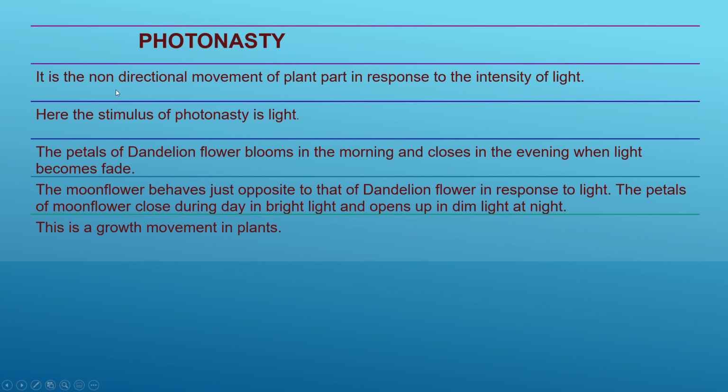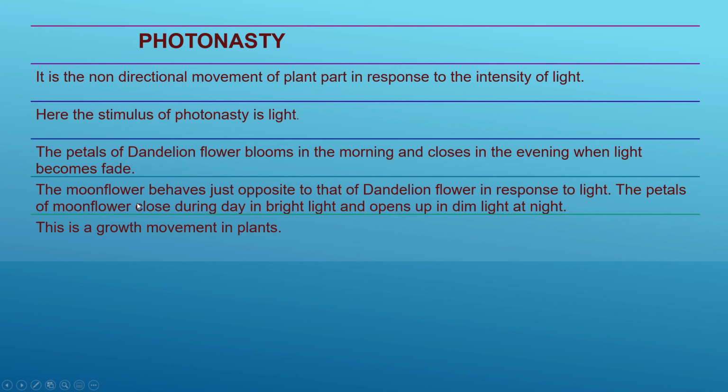So photonasty is a non-directional movement of a plant part in response to the intensity, the amount of light. It depends on the intensity of light, and here the stimulus is the light. Just like the petals of the dandelion flower bloom in the morning and close in the evening when light fades.